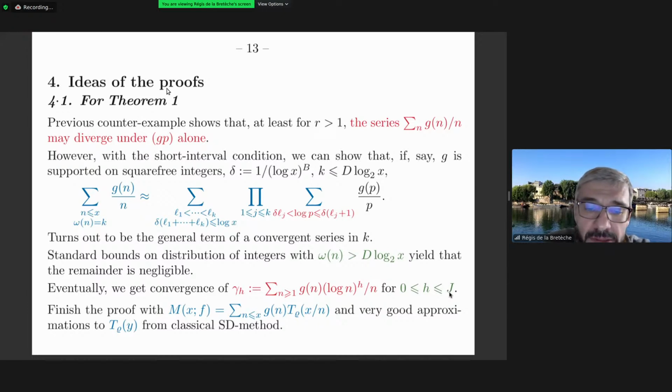What I want to underline is that we use the Selberg-Delange result. I mean, we use the estimate of capital T index rho function, the sum of two index rho. So this means our result can be viewed as a consequence of the Selberg-Delange method.